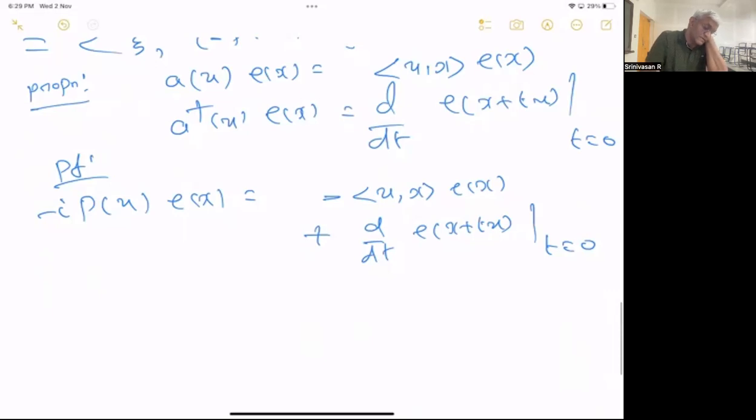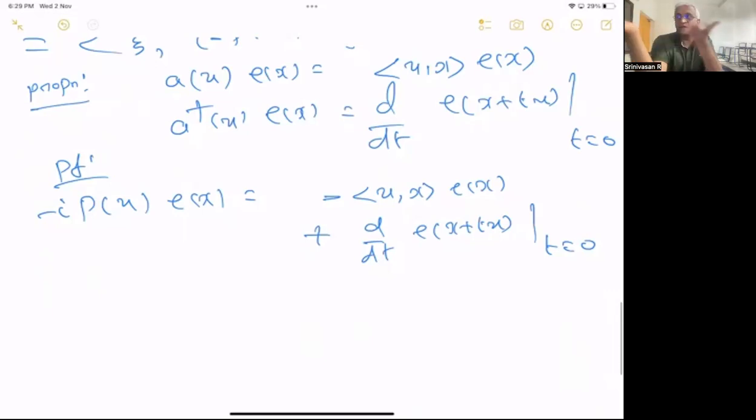So T W of X equals W of X T. Then T of P of U E of X equals P of U T E of X, because you are going to take W of tU.